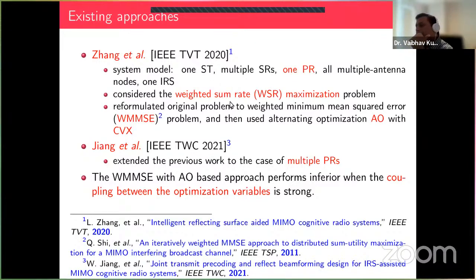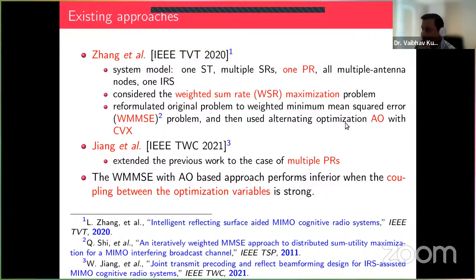They do the weighted sum rate maximization problem, where they convert that WSR problem to a weighted MMSE problem, and then use alternating optimization with CVX. In the second paper, they had all the same configuration, but in place of one primary receiver, they had multiple licensed receivers, and followed the exact same approach with a little bit of variation.